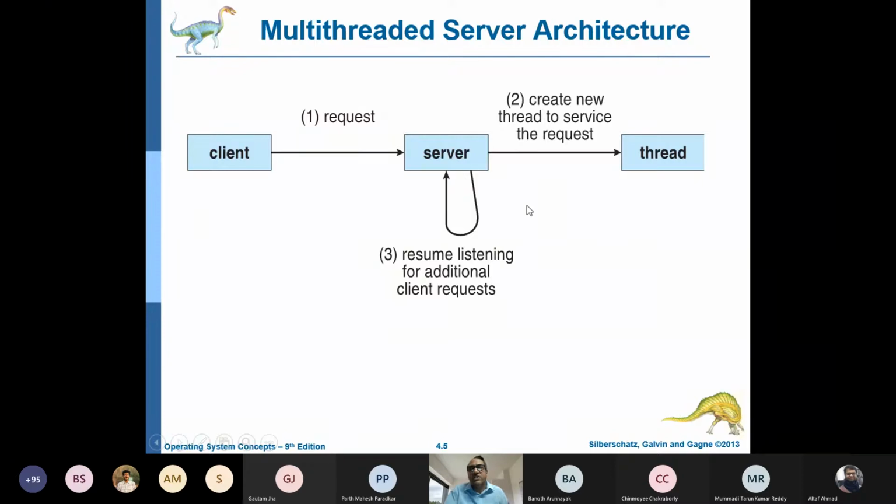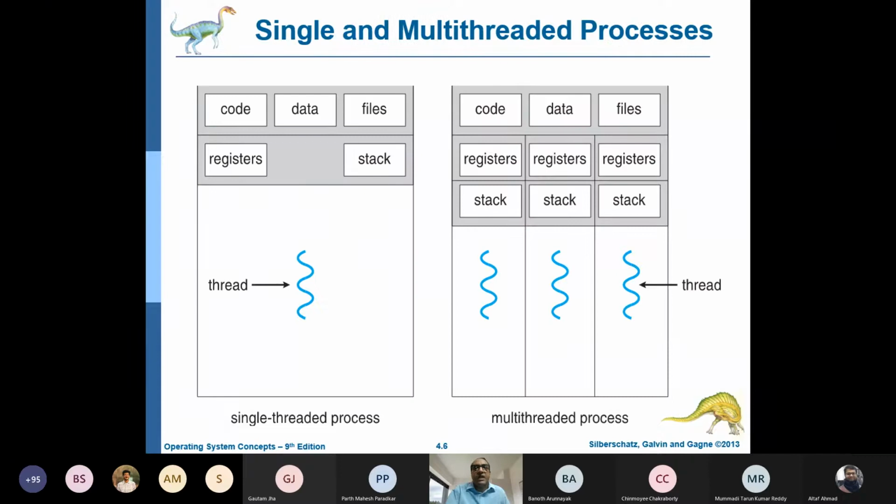That means instead of generating a child process for handling a client request, if the server can create new threads as and when the request arrives, it will be much easier and a much more efficient way of handling the requests. This one we have seen, just to illustrate how single and multi-threaded processes share the resources.